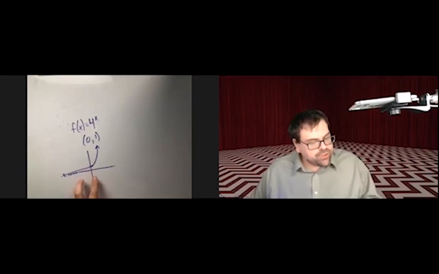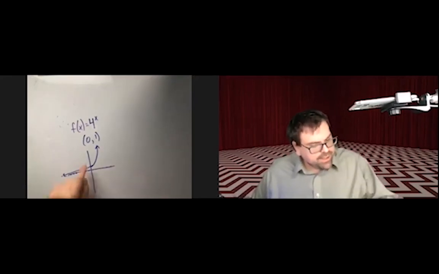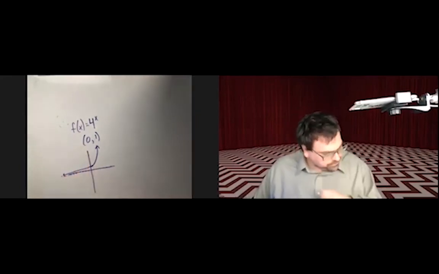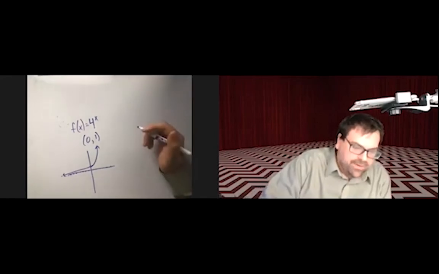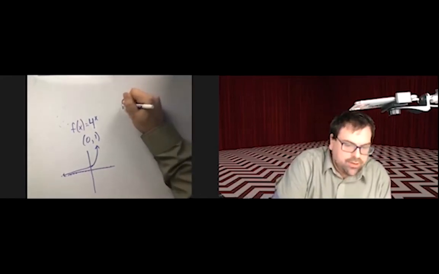We can use our general shape, knowing that we have our horizontal asymptote at the x-axis and our always point of 0, 1 for exponential, to graph a new function.